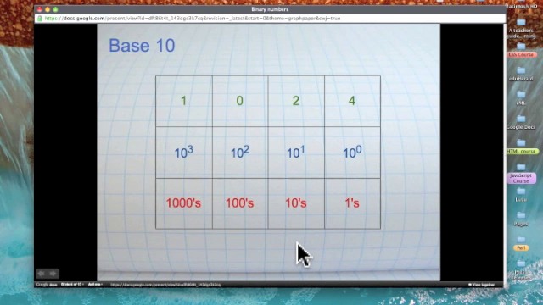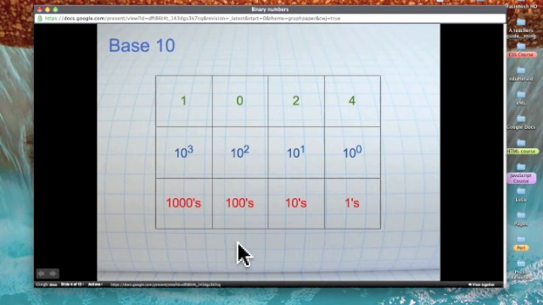I have 2 10s raised to the 1st power. Why 10? It's our number base. Now, raised to the 1st power would be the number 10. Any number raised to the 1st power is itself. So I have 2 10s. So far, looking at the rightmost 2 columns, I'm looking at the value 24.